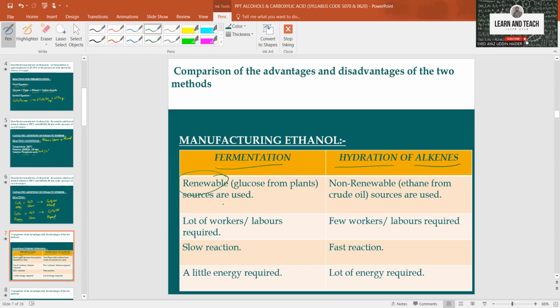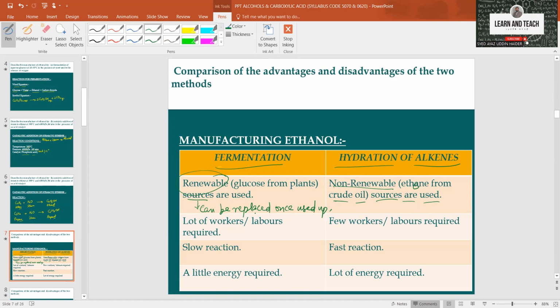Renewable sources are sources which can be replaced once used up. On the other hand, in the hydration of alkenes, we are using non-renewable resources because we are getting ethene from crude oil through the process of cracking. So we have non-renewable sources. Non-renewable sources are those resources which cannot be replaced. Actually, non-renewable resources are limited, but the renewable resources are unlimited.